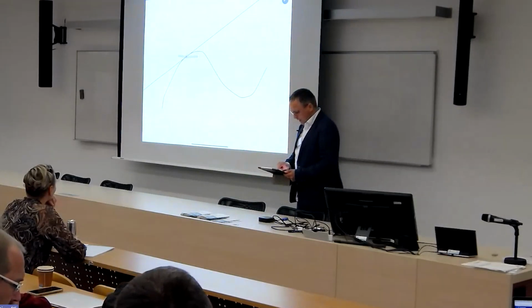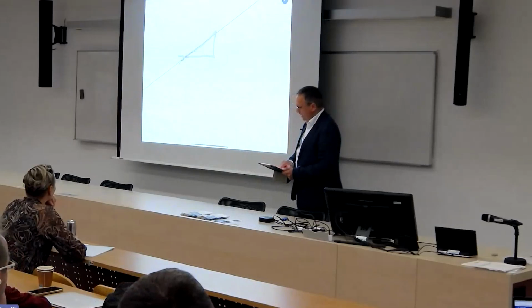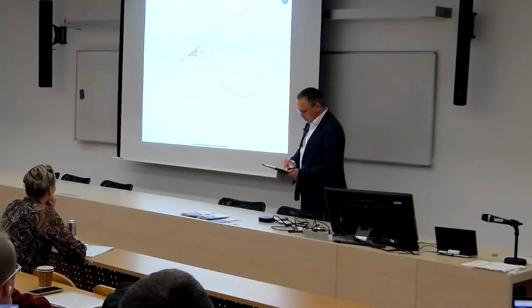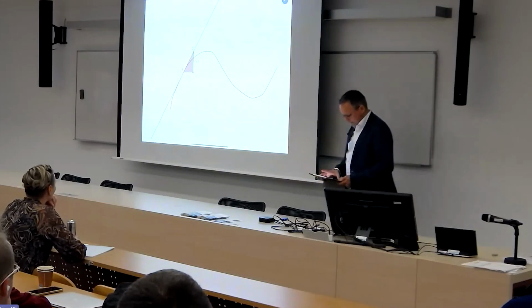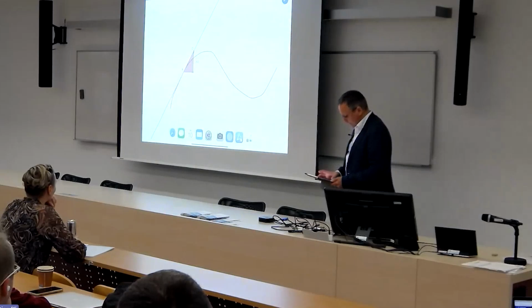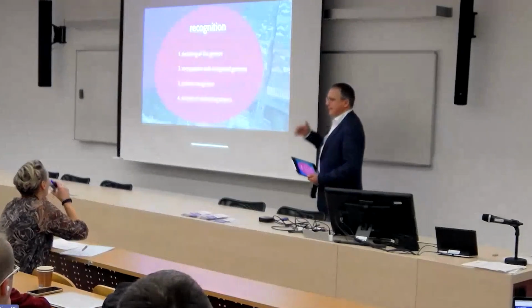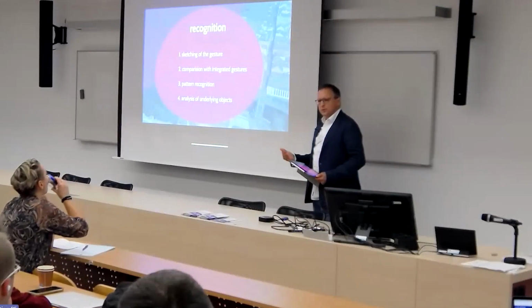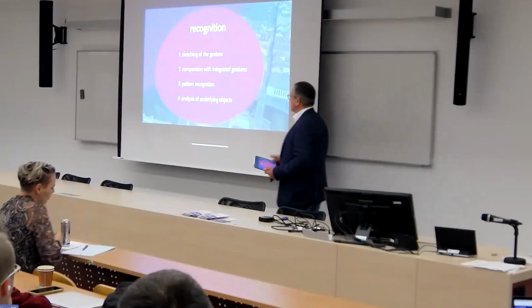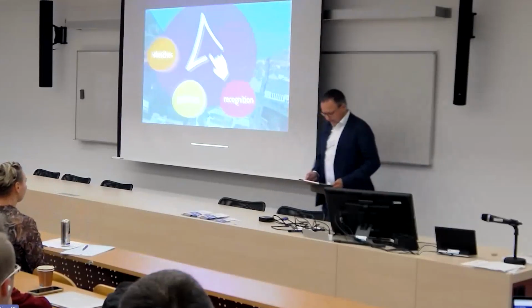And for example, here I can also use a gesture to draw a slope triangle, and then I can observe the slope of this tangent in that point. So that's the idea behind Sketchometry, how these gestures are implemented.